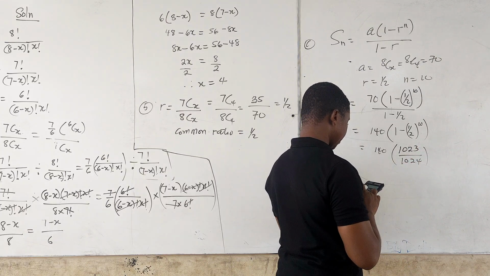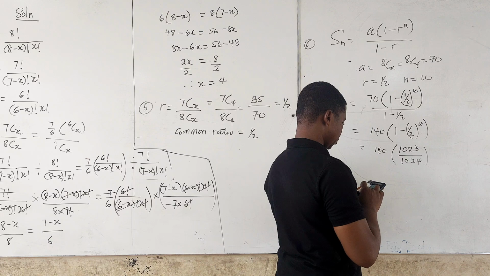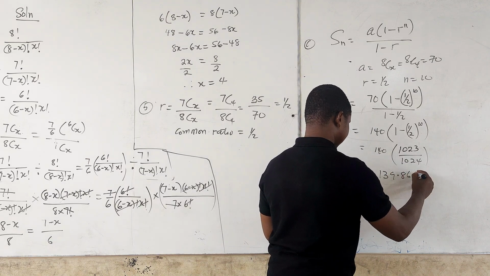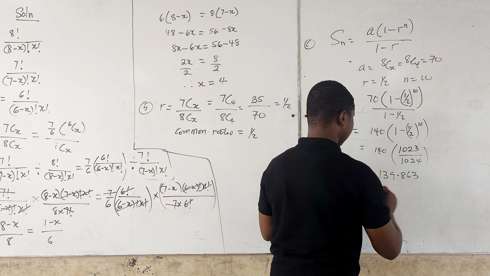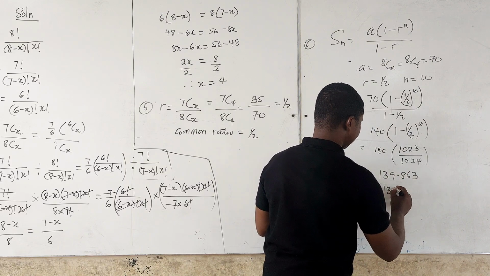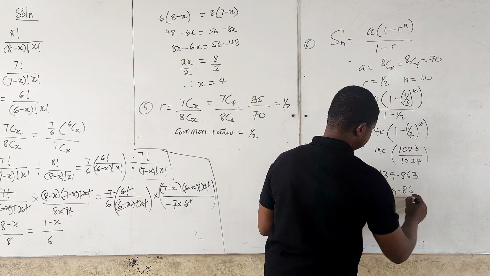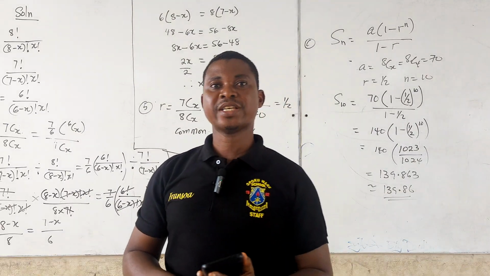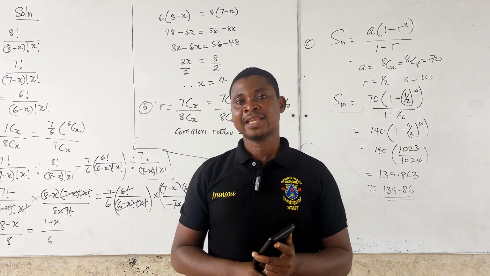So multiplying by 140, you are going to get 139.863, so approximately 139.86. And that is the solution of question number 10.